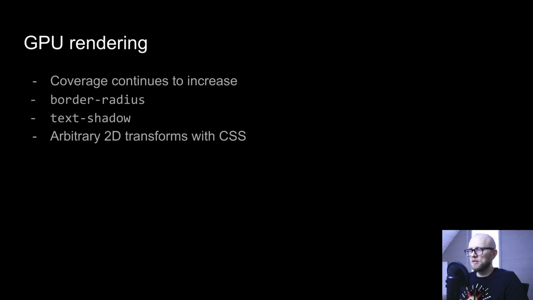There are a handful of things remaining, but notable new things this month is we can handle border radius, we can handle text shadow, and we can handle arbitrary 2D transforms, which we actually can't do very well on the CPU rendering side. So this is, I think, the first case where the GPU renderer gains capability that the CPU-based renderer doesn't have yet. That is really cool, I think.